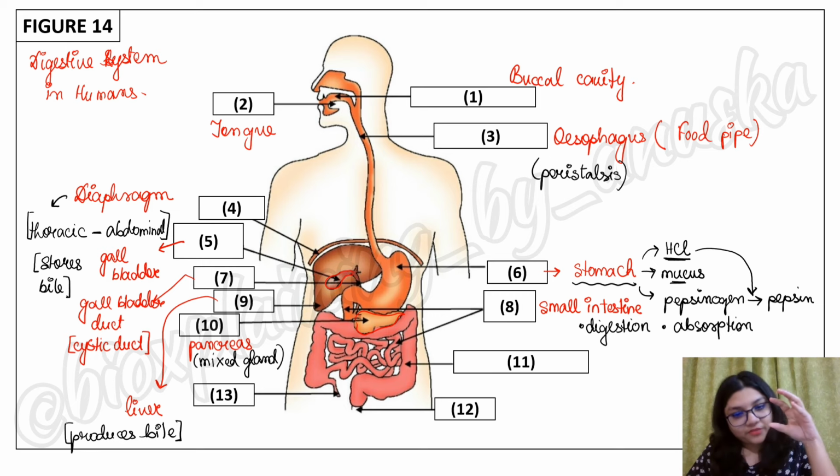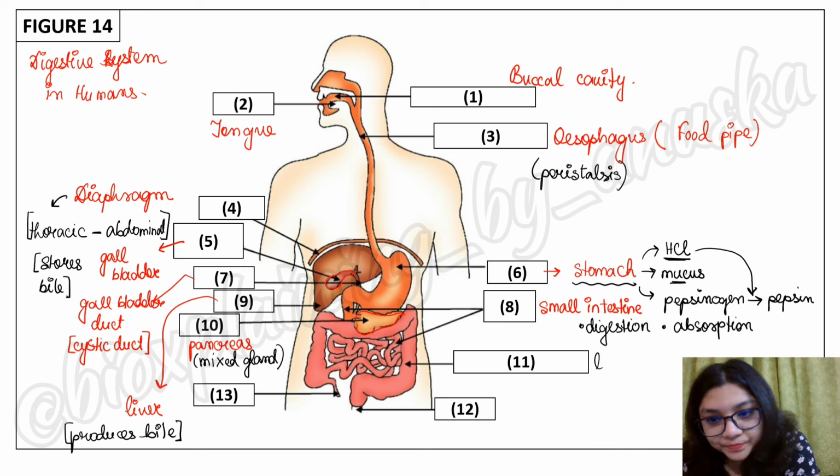That is, a specific part, the islets of Langerhans, has alpha, beta, gamma cells. Alpha cells give you the glucagon hormone. Beta cells give you the insulin hormone. So when blood sugar goes high, insulin brings it down. When blood sugar goes low, glucagon helps to bring it up. Okay? So that is the role of the pancreas.